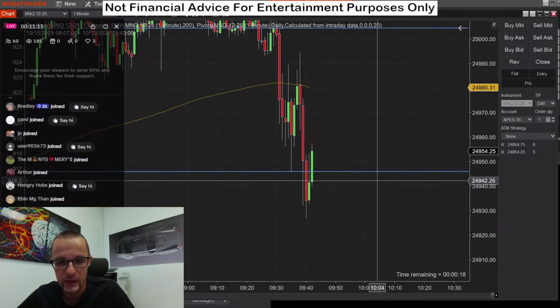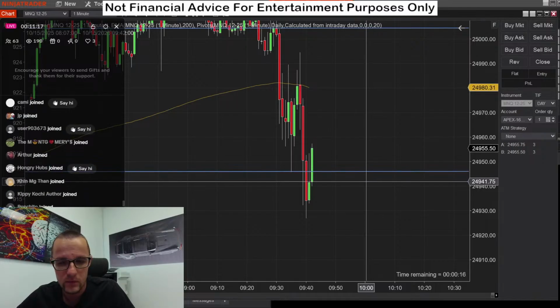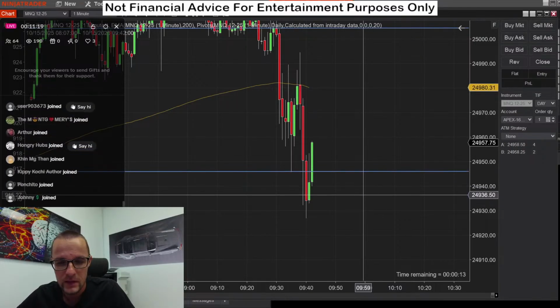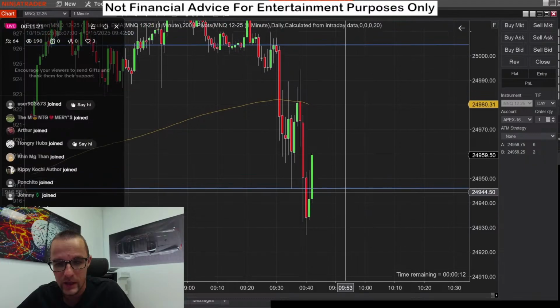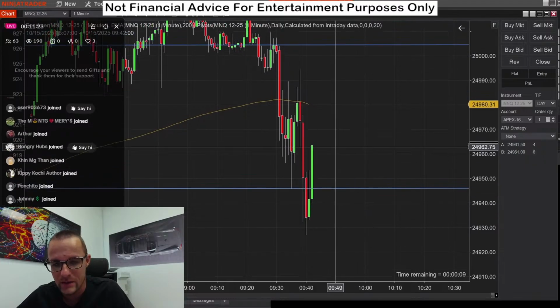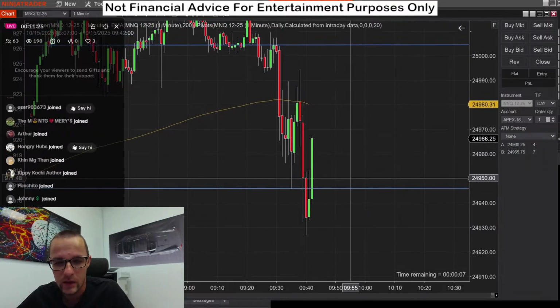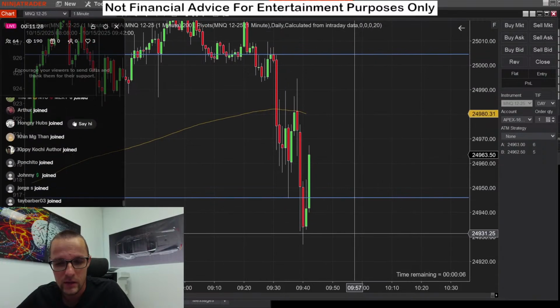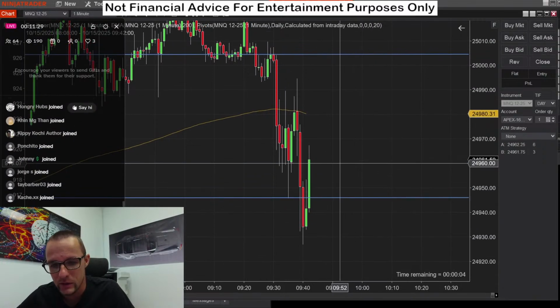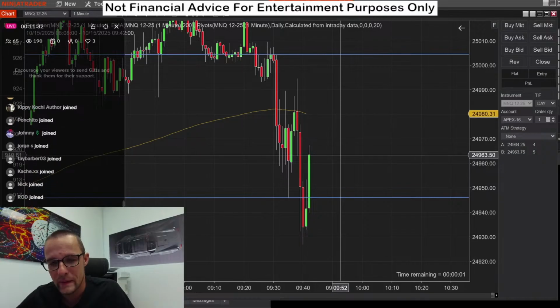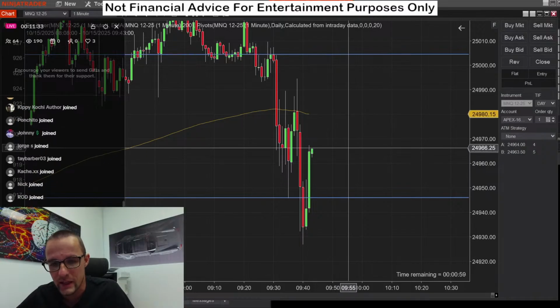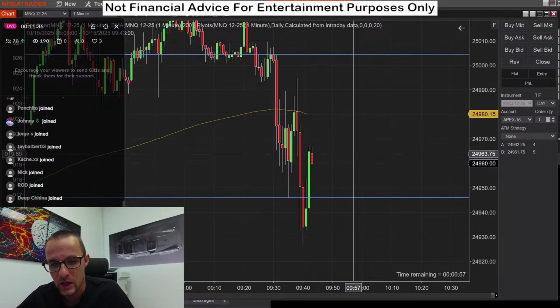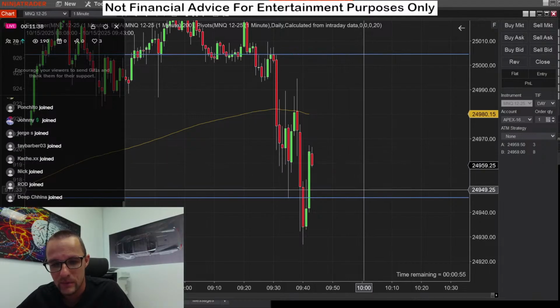Alright, filling in that imbalance. Let's see what happens here. If it inverses this imbalance, that's also another good sign, right? Alright, there's the buyers. Now we need another candle to show that buyers are still aggressive. So this candle needs to push up and form a gap.